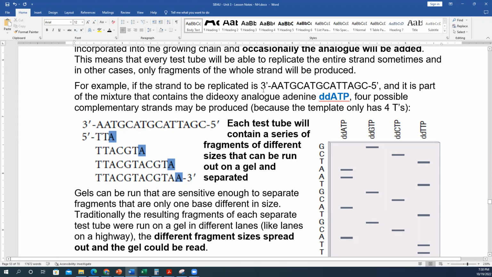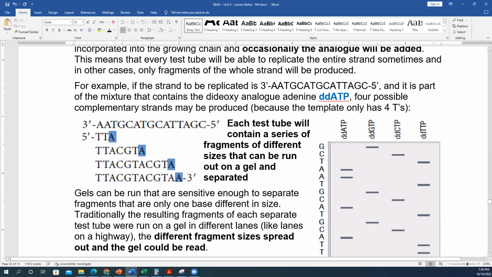It contains the single-stranded DNA template, a short primer that will recognize the sequence at one end, and the DNA polymerase, which will bind to the primer and carry out the copying, the replication. And you will have dATP, dTTP, dGTP, and dCTP.